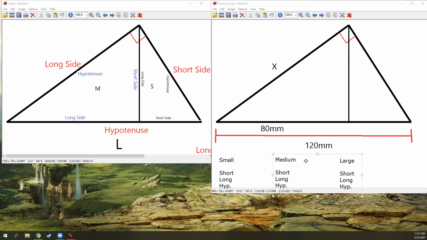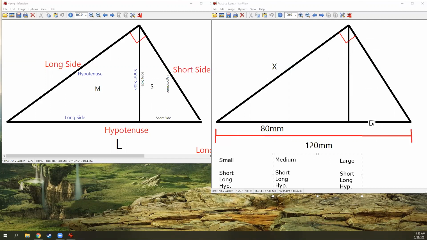All right, cool. So let's go through what we have. Looking at the small triangle, there are no numbers here, no numbers here, and no numbers here. But could we figure out the small triangle short side? This is 80. We don't know from here to here, but we do know the whole thing is 120, right?